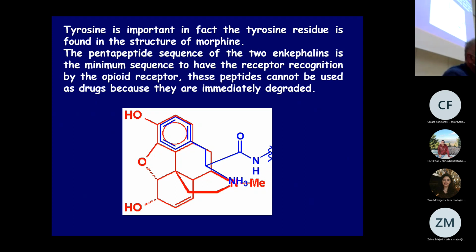Why? If you remember, the opium, Papaver somniferum, is cultivated in India, Afghanistan, Pakistan. And in that time, these countries were under the UK.